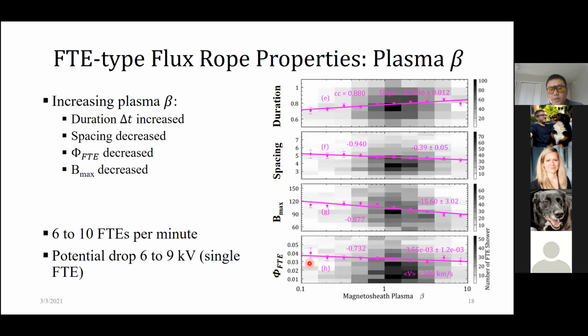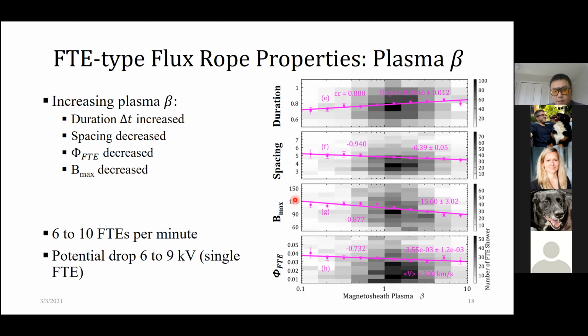Okay, here we also investigate how those properties depend on the magnetosheath plasma beta. Again, the first panel is the duration, and then the spacing, the maximum magnetic field intensity, and the amount of magnetic flux of each FTE.